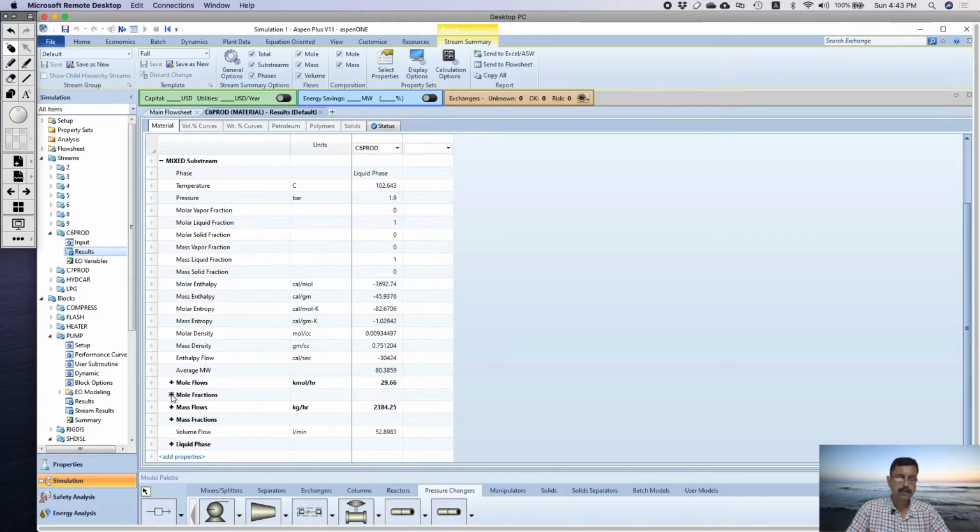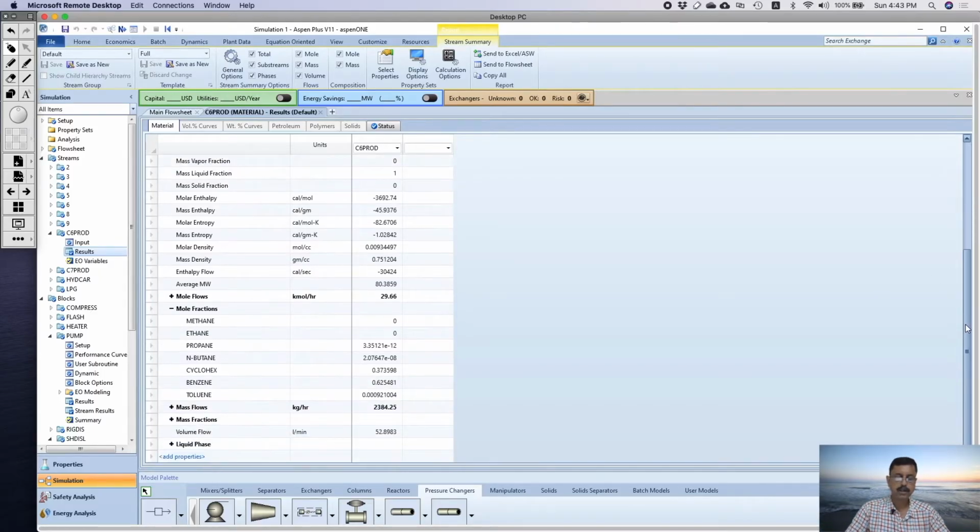We are interested to know about the mole fraction, so that we can understand the composition of the C6 product. Here you see methane and ethane are 0, completely nothing is there. Propane you can call 0 as well, so also butane. These things are not there at all. Cyclohexane is 37.36% and benzene is 62.54%. So these only constitute the C6 product.